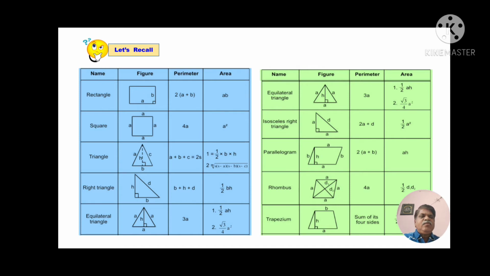Trapezium whose one pair of opposite sides is parallel having the lengths a and b respectively and h is the height. At that time its perimeter is the addition of the lengths of all sides and the area is half into bracket sum of parallel sides, that is a plus b, into height, that is h.